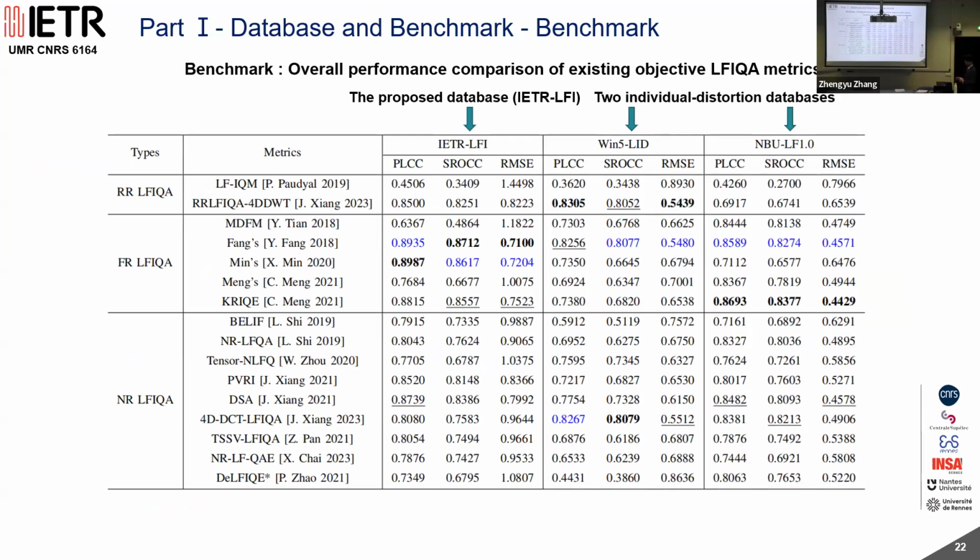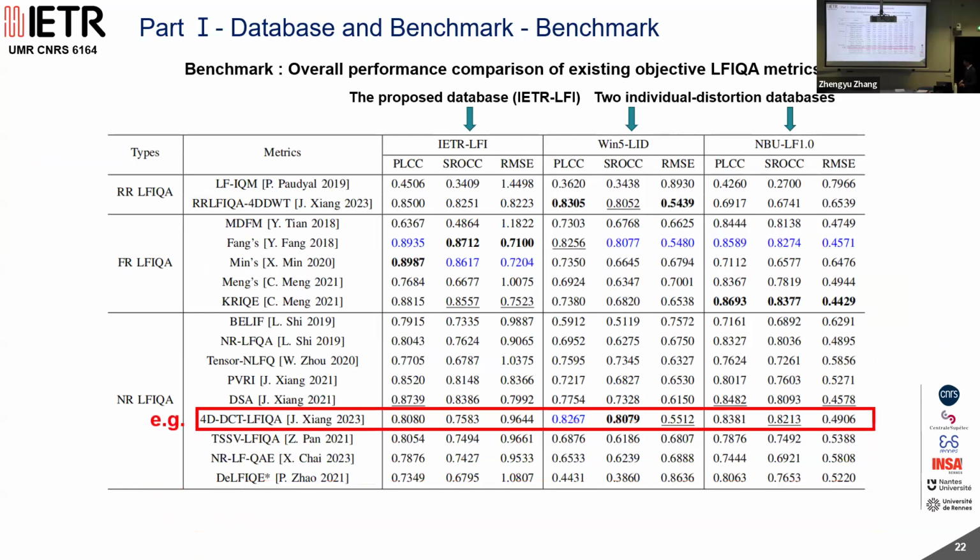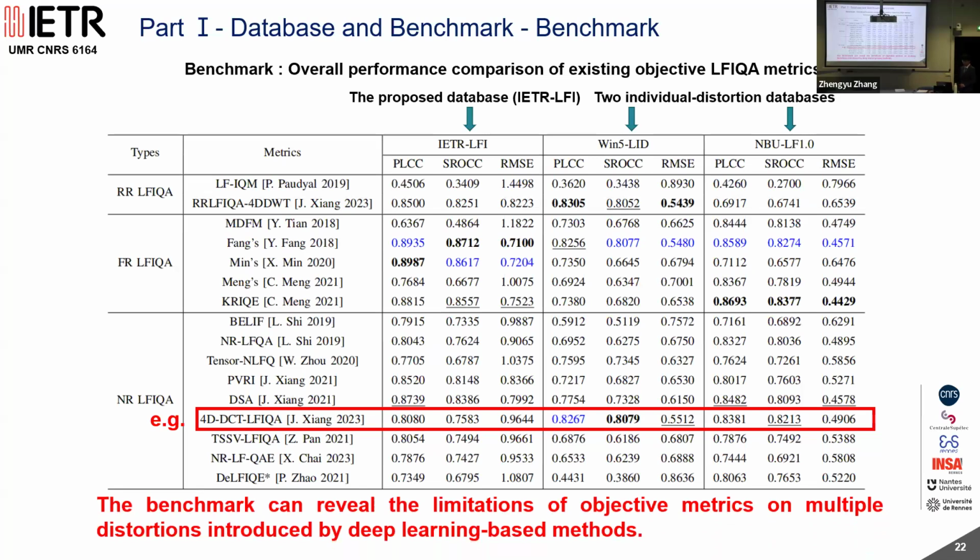And in this benchmark, for example, we can see that although the metric proposed by Zhang in 2023 has good performance on 2 individual distortion databases, actually it doesn't perform well on our database. This indicates that its performance on the multiple distortions is limited. As a result, we can draw the conclusion that this benchmark can reveal the limitations of the objective metrics on multiple distortions introduced by the deep learning-based methods.